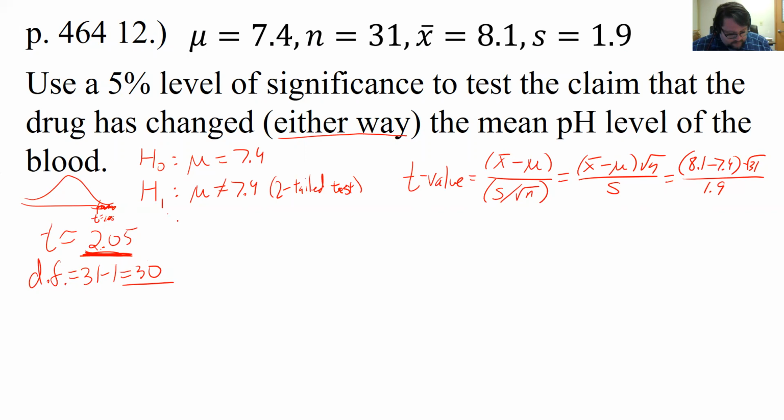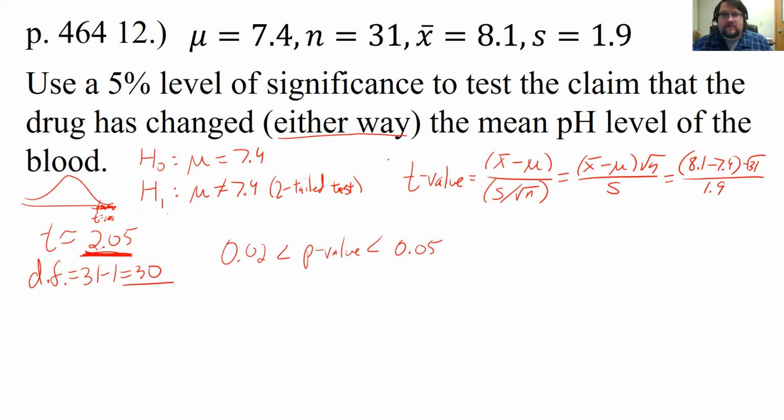So I have 2.042 and 2.457. So between those, that's where this value would fall. And for a two-tailed test, this would be between 2% and 5%. So a 2% p-value and a 5% p-value.